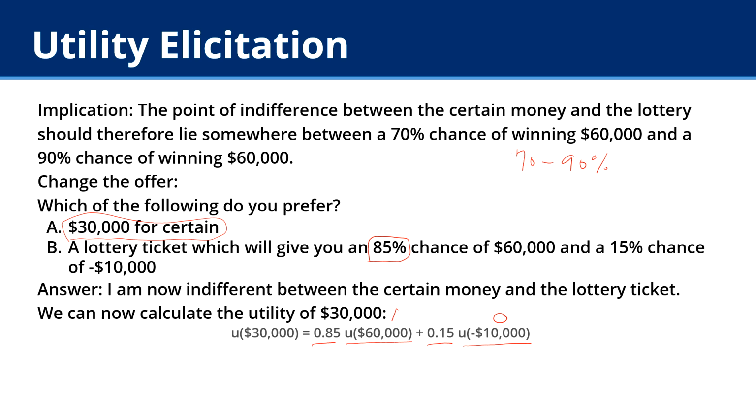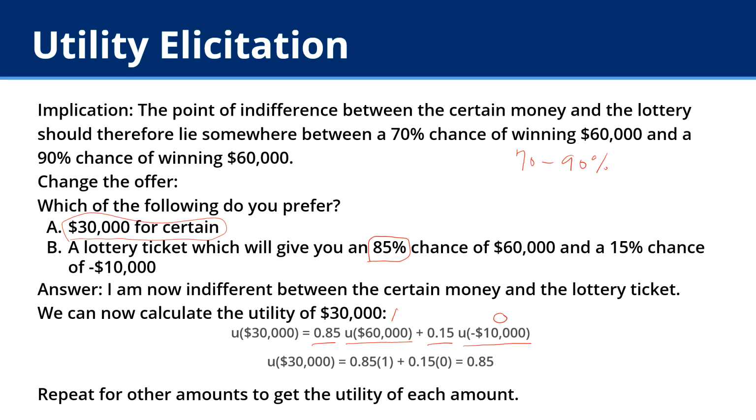We evaluate that, and we get a utility value of 0.85. So for this decision maker, $30,000 is equivalent to 0.85 in terms of their utility value. We will repeat this for the other amounts to get the utility for each of the other amounts respectively.